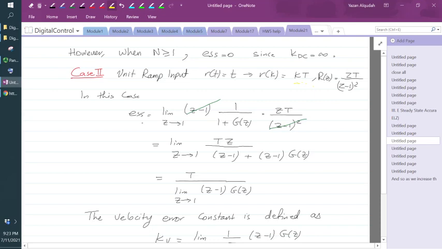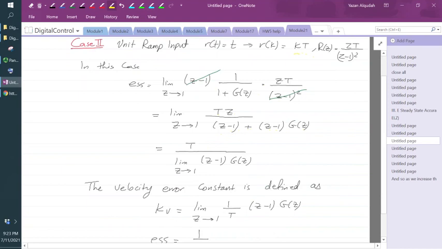And in this case, the steady state error is the limit of z minus 1 times 1 over 1 plus g of z multiplied by the input zT over z minus 1 squared. Z minus 1 with z minus 1 is going to cancel. This is going to equal the limit of T multiplied by z over the denominator, z minus 1 plus z minus 1 multiplied by g of z.